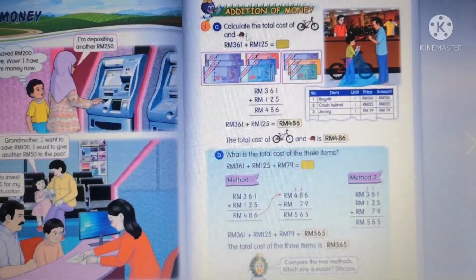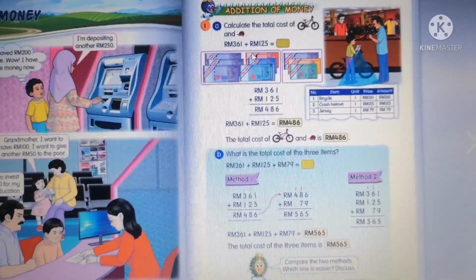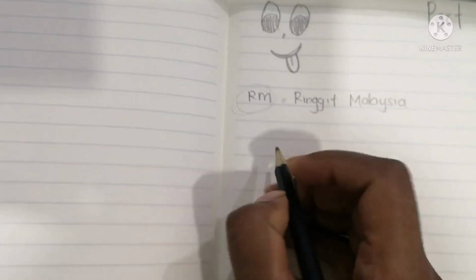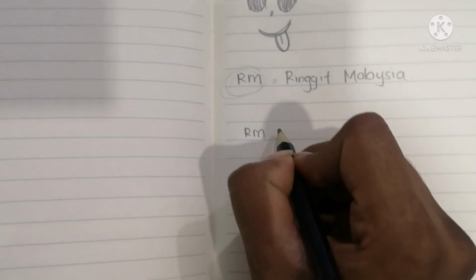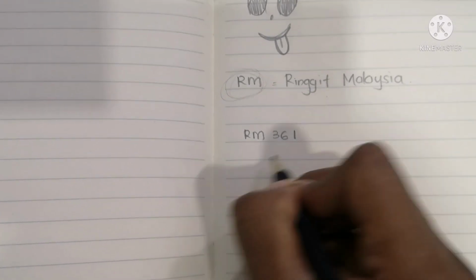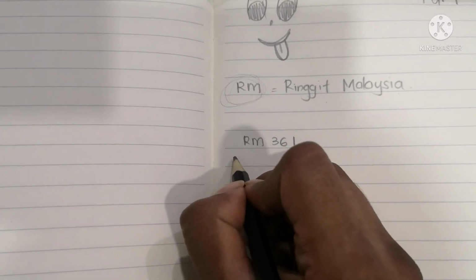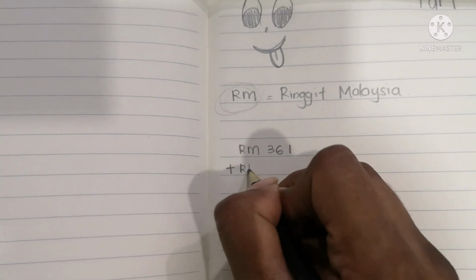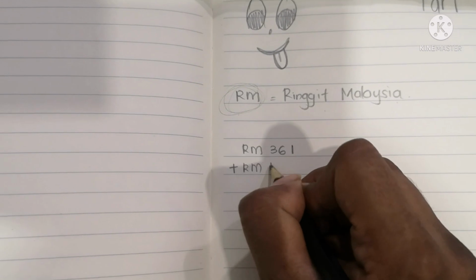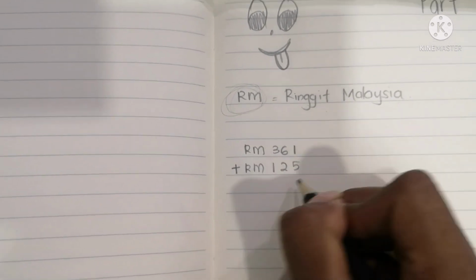Okay, so we are going to count it. How? Easy. Same like how you will do the question. RM, don't forget your RM. 361. What do they ask you to do? Total, right? Total means plus. Then RM125.